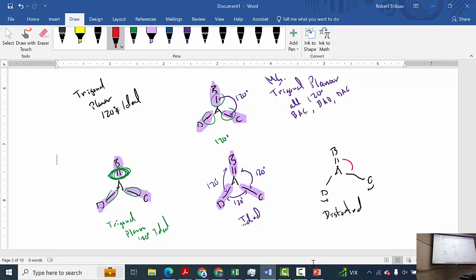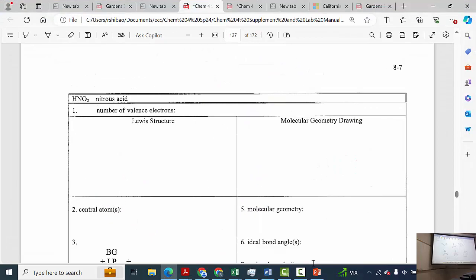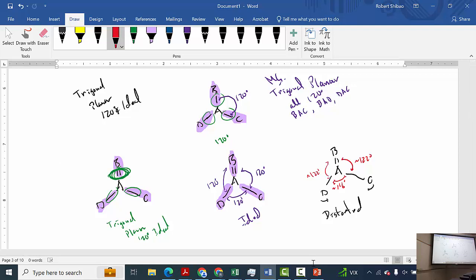And so what that does is it repels B and C, and it pushes B and C into one another. And so the distorted angle here is going to be about a 2-degree distortion. And so this is going to be about 122 degrees if we're going to guess. And this is going to be about 122 degrees. And these angles have to add up to 360, so this is going to drop down to about 116 degrees.